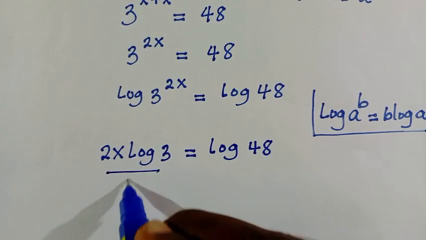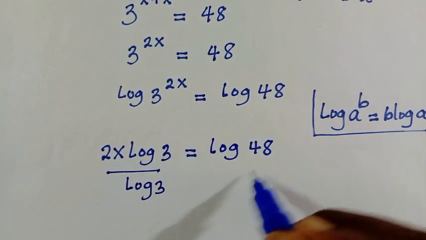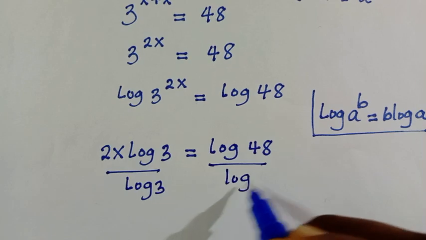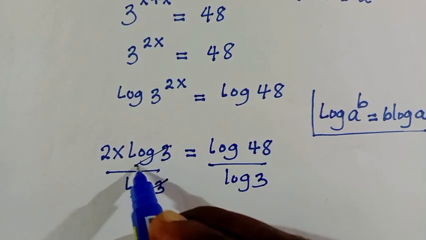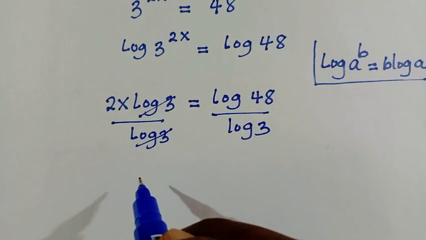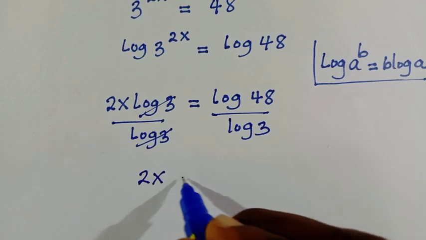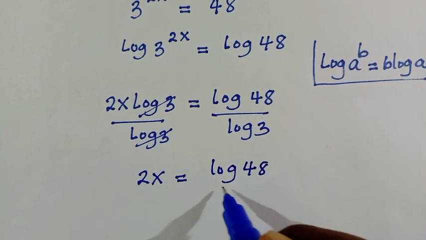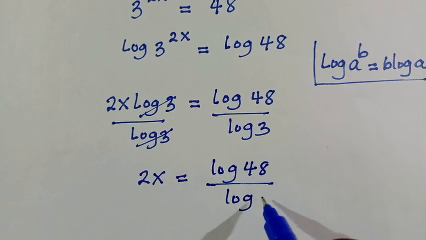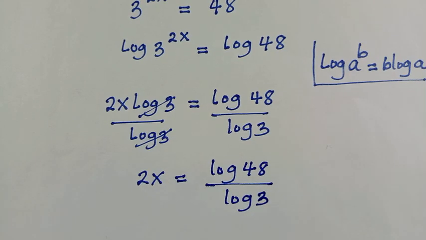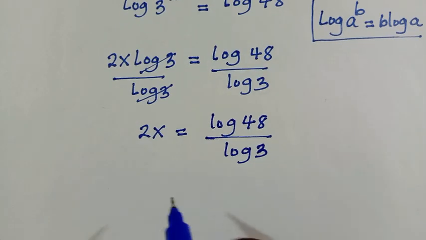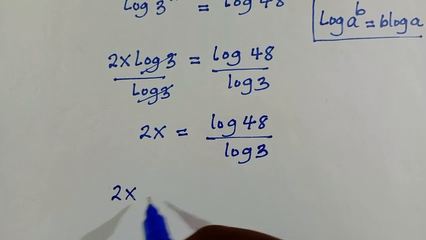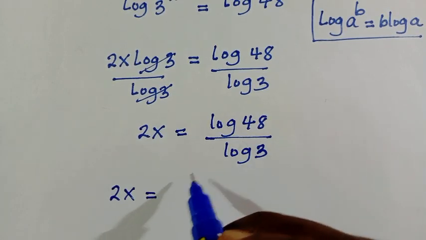Let's divide by log 3 from here. When we divide both sides by log 3, this log 3 cancelled as we have 2x equals log 48 divided by log 3. Next, we have 2x equals log 48.